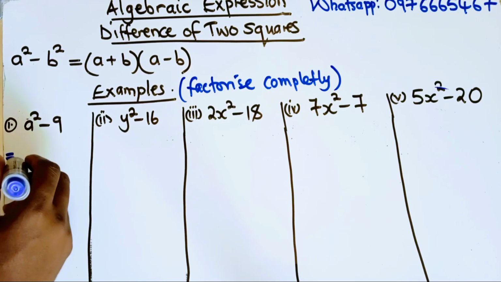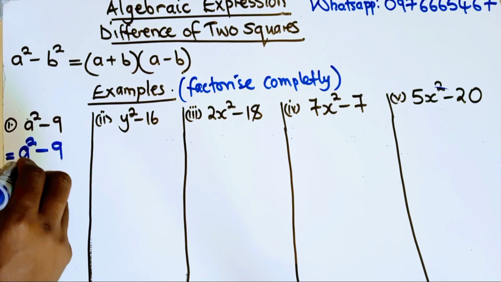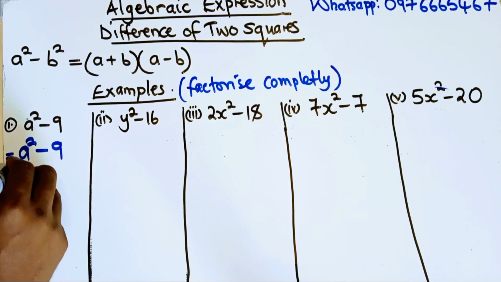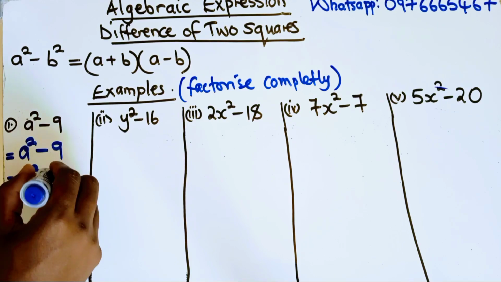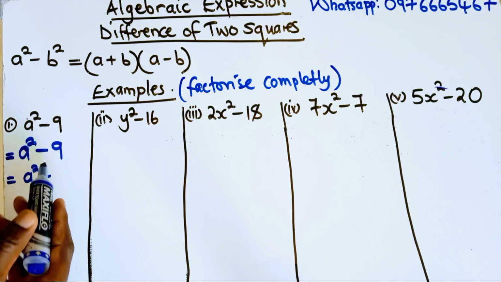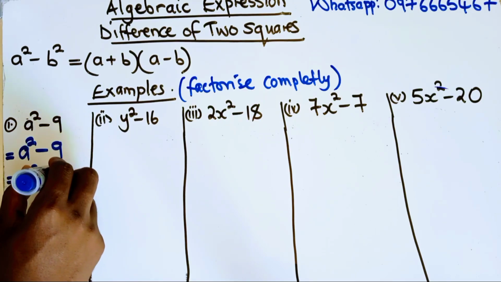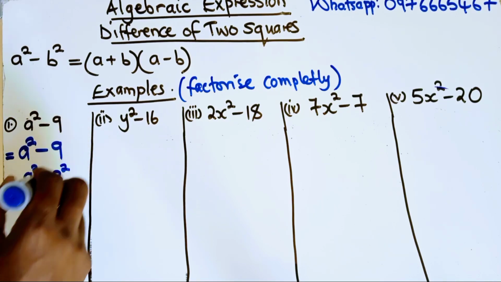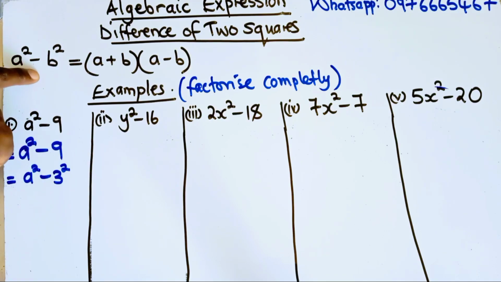So this will be equals a squared minus, now we look for the square root of 9, a number which when you multiply it by itself gives us 9. That number is 3. So we say 3, we also square it: a squared minus 3 squared. It brings us back to this.